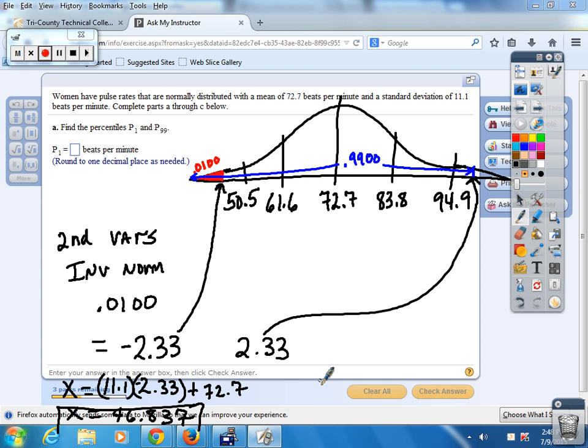And then the second one, x2 is equal to 11.1 times 2.33 plus 72.7. What do you get? Again, 22 would be 93 beats per minute. What does it come out to be?